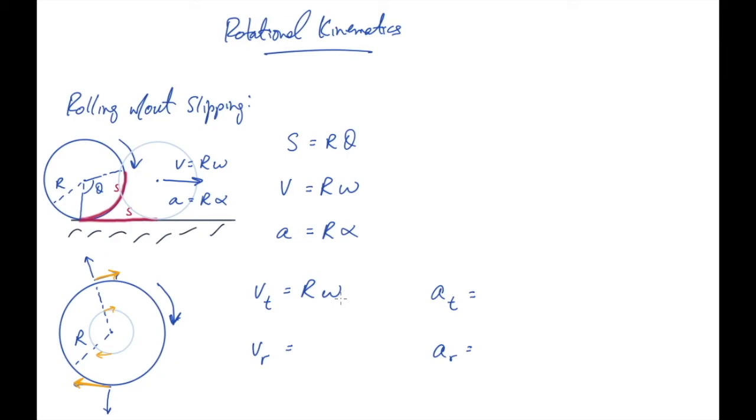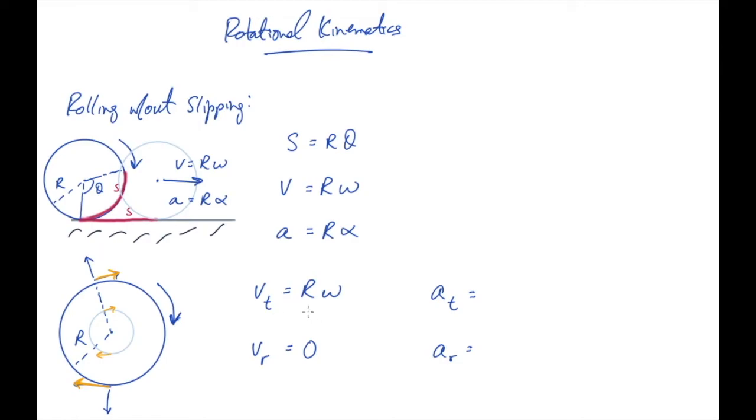Vt equals r omega. Now for something that's rotating in circular motion, all of the velocity is in the tangential direction, and points on the object aren't moving towards or away from the axle at all, so the radial component of velocity is 0.